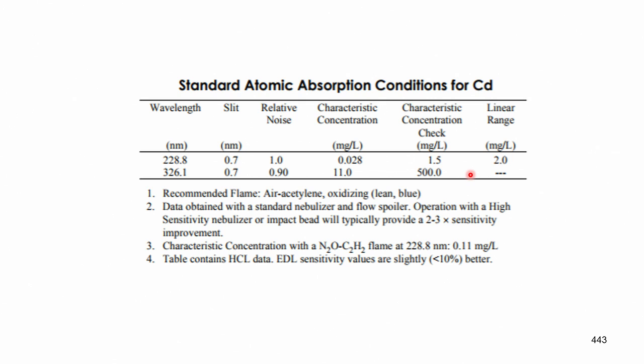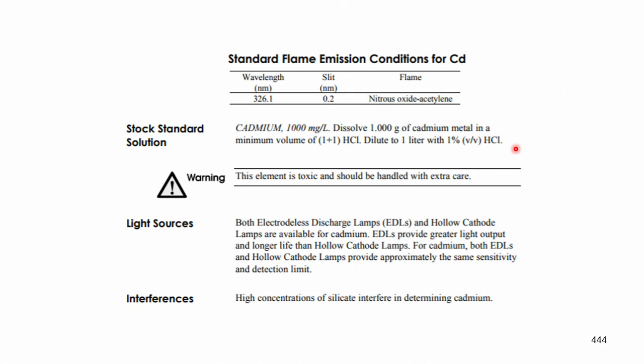Cadmium causes a disease known as itai itai in Japanese, which corresponds to approximately 'ouch ouch'. So, cadmium is good for flame. Similarly, other conditions are there, light sources, interferences. You can study this kind of information at your leisure, or whenever you want to determine cadmium, go through this manual, or any other manual available specific to cadmium.